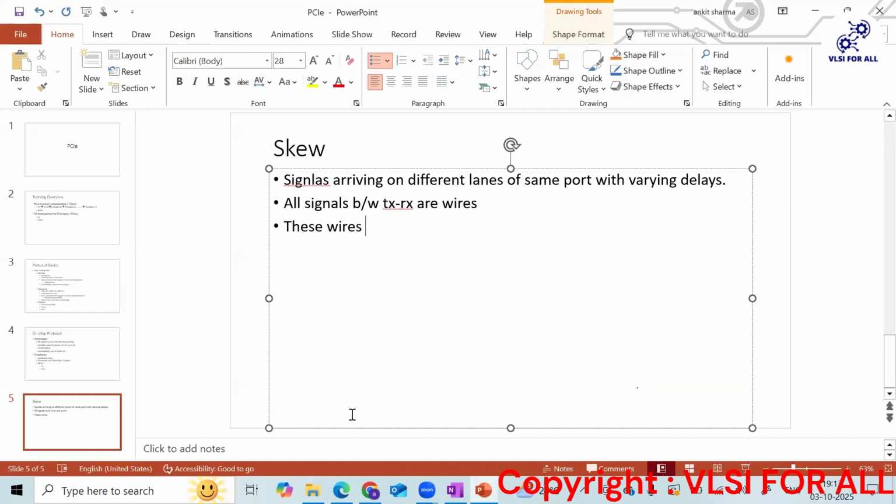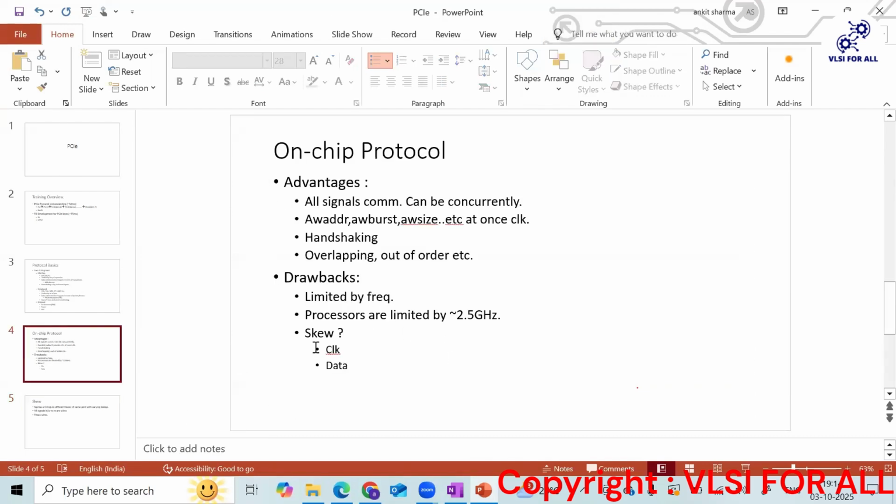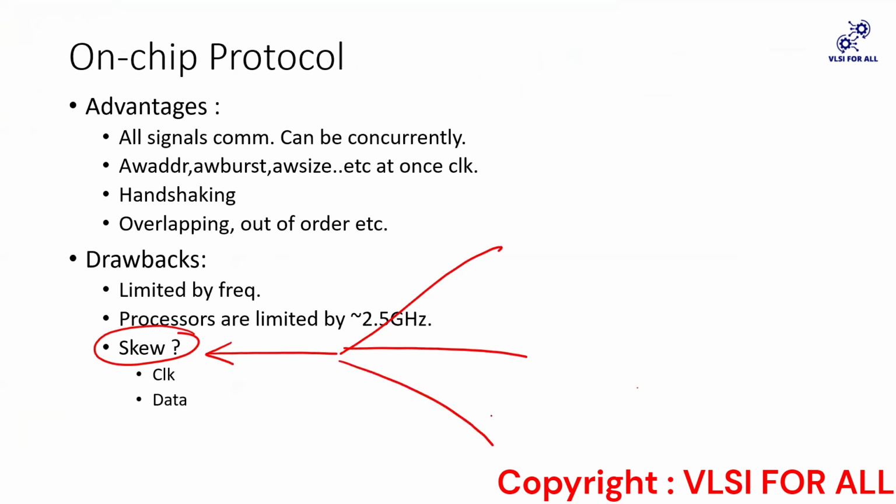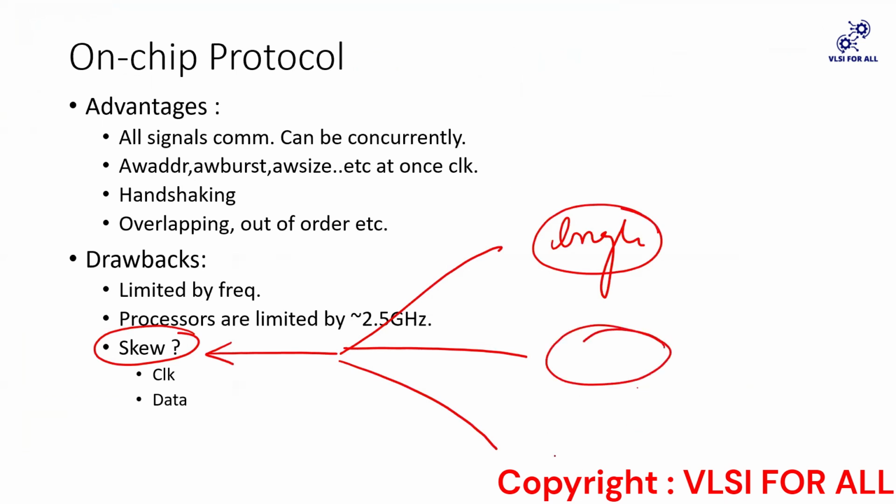First we are discussing wires, and these wires can have delay. Let me tell you, this is at a very top level where I introduce skew. If you study it, skew may be introduced by different reasons. Length is one reason, but it may happen due to other reasons also.